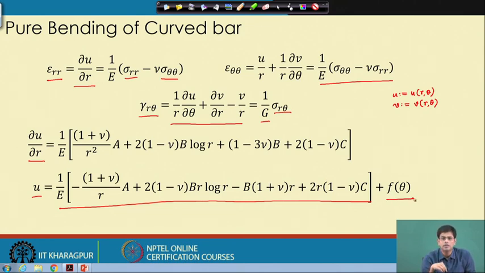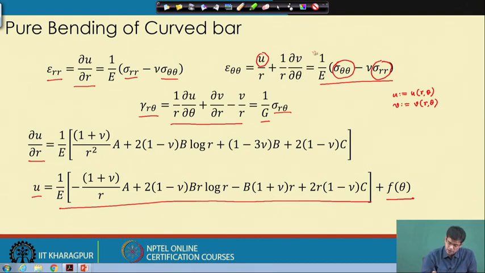This gives us the first expression for u, and similarly if I substitute this u here, and substitute the stresses sigma theta theta and sigma r r from the previous approximation, I can calculate dv d theta.